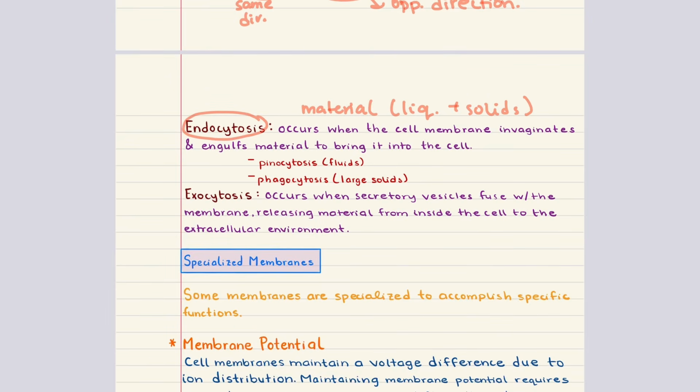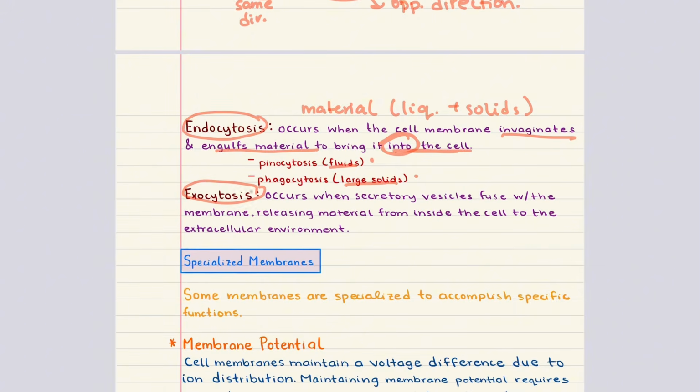Endocytosis is going to occur when the cell membrane folds inward and engulfs material to bring into the cell inside a vesicle. And this can take different forms. We can have pinocytosis, which is the uptake of fluids and dissolved substances. And we can have phagocytosis, which is the engulfing of large particles or solids, things like cellular debris or microbes.